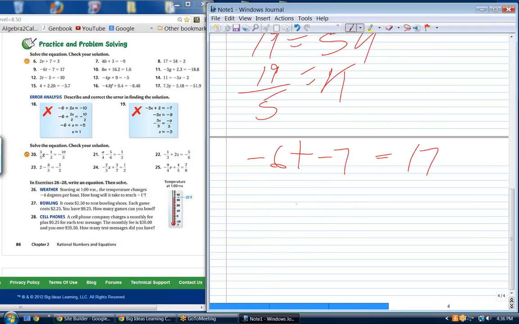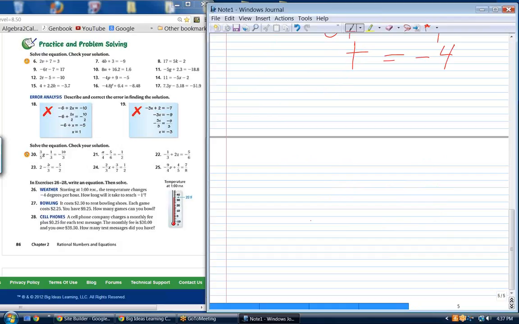Next line. The next line is negative 6t equals 24. And the next line. t equals negative 3. 24 divided by 6 is negative 4.